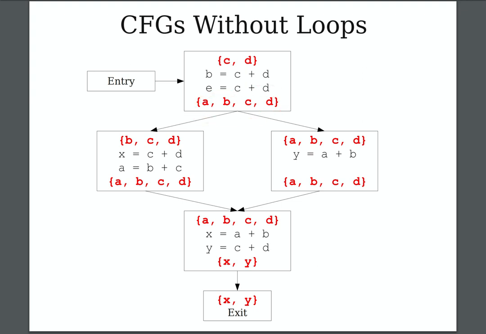Now, this is not accounting for the fact that this branch may never be taken or other properties, but this can be an over approximation of what's actually happening at runtime. And so if we continue our live variable analysis, this is what the entry to our program will be.